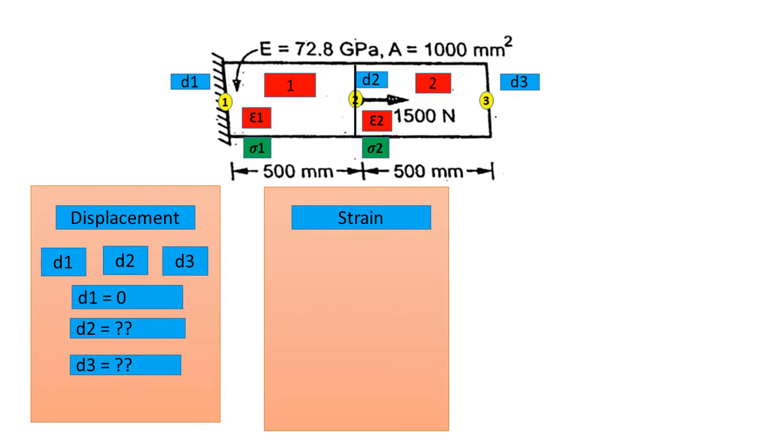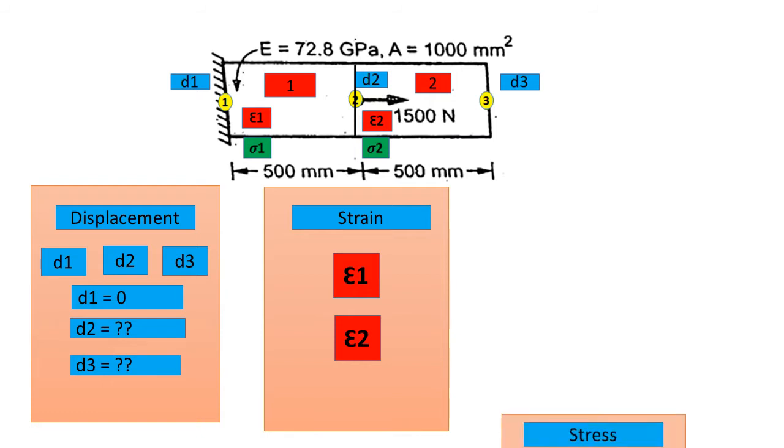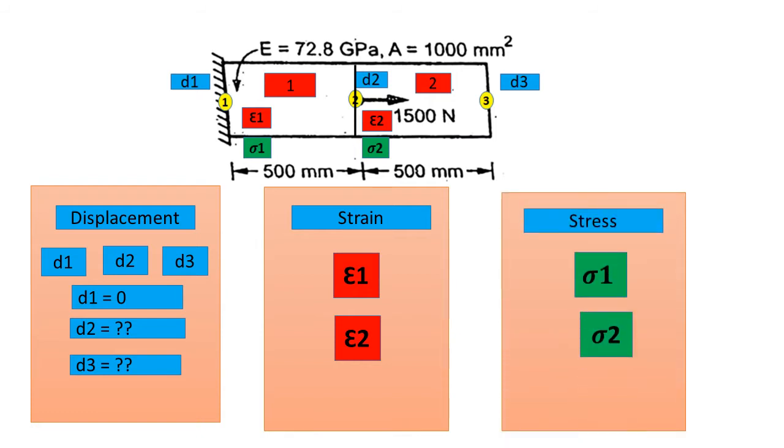About strain and stress, as there are two elements, we will calculate strain 1 and strain 2. Similarly, we will calculate sigma 1 and sigma 2, that is stress in the first element and stress in the second element.